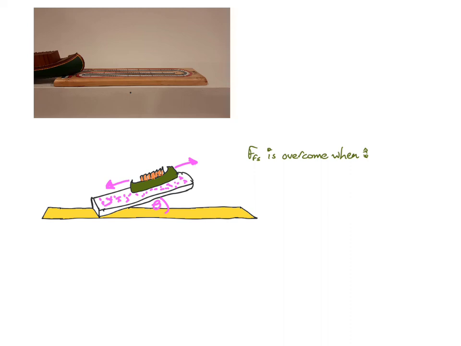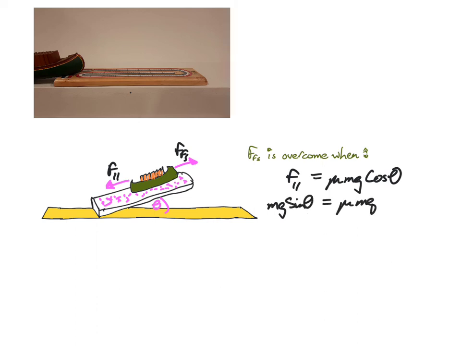So if we put that into the context of our problem here, we know that the sliding force, our F parallel, is equal to our backward force, which is Ffs, and we know that that's equal to mu mg cos theta. And so it turns out that mg sine theta is equal to mu mg cos theta.